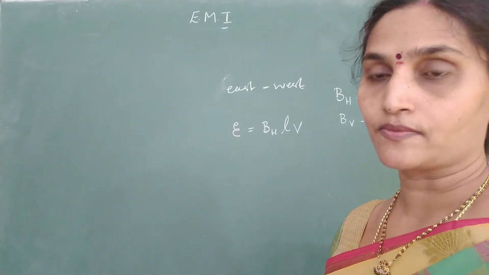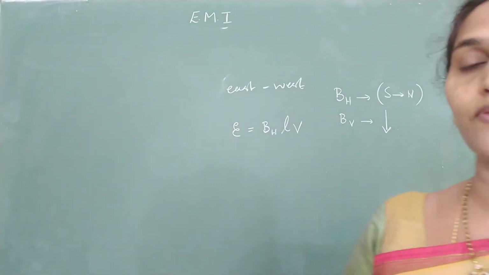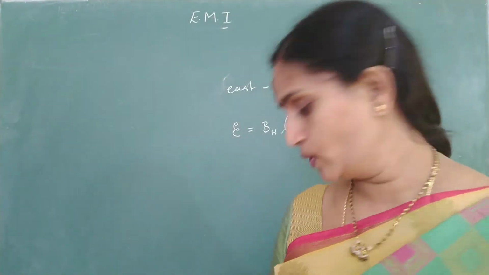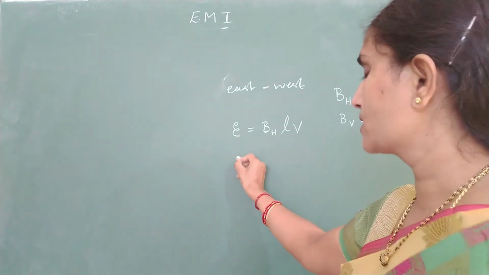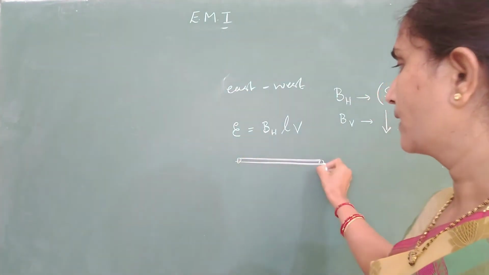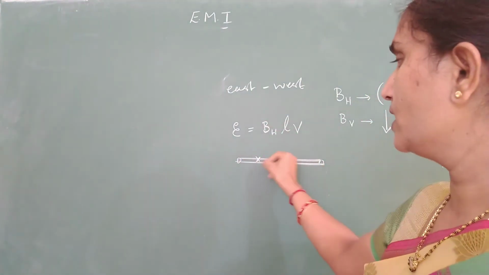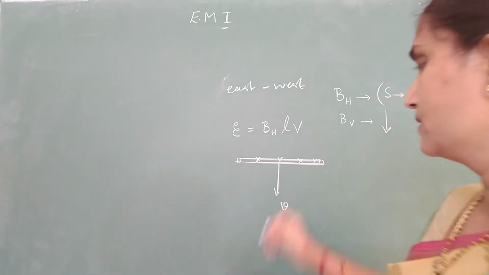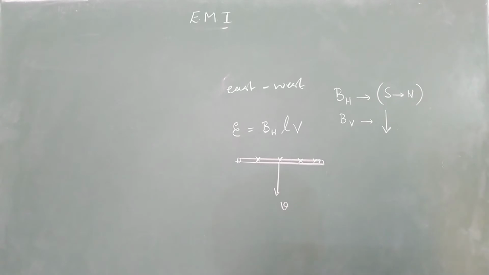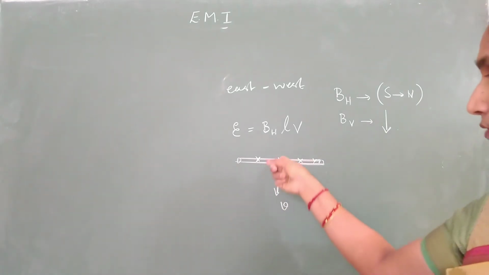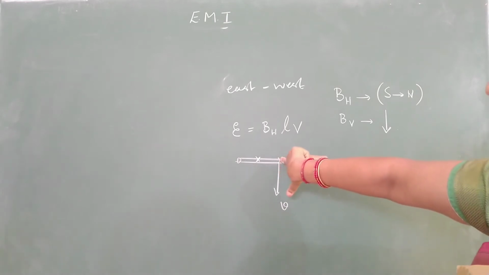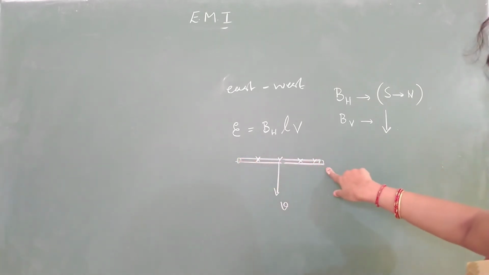Which end is positive? Now make use of Fleming's right hand rule. The horizontal component of Earth's magnetic field is towards me. If I show you this conductor, south to north, the magnetic field is into the plane of the paper. Velocity is downward. Identify the direction by using Fleming's right hand rule. Field is inward. Velocity vector is downward. The thumb or middle finger is directed from here to here.